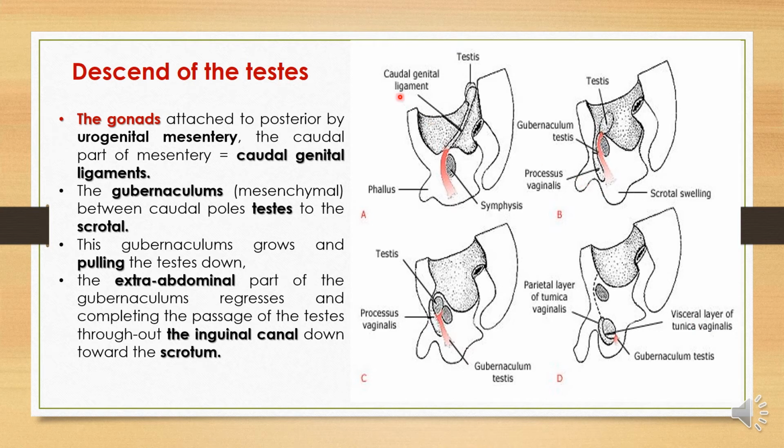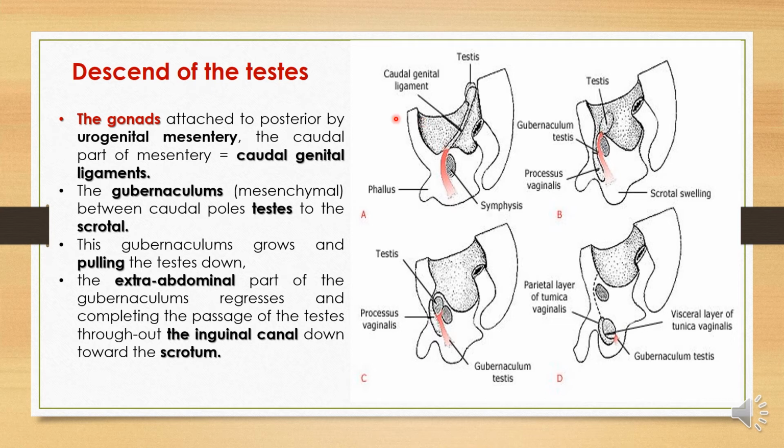With degeneration of the mesonephros, the attachment serves as a mesentery for the gonad, and also extending from the caudal pole of the testis is a mesenchymal condensation rich in extracellular matrix. This is called the gubernaculum.